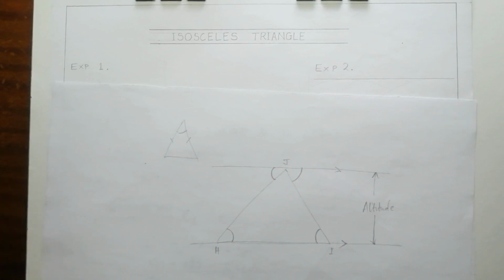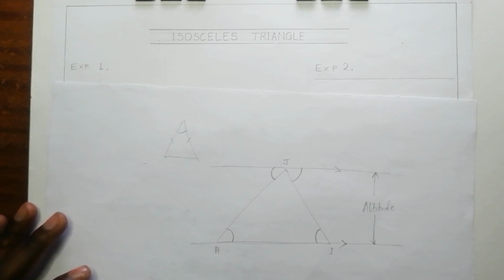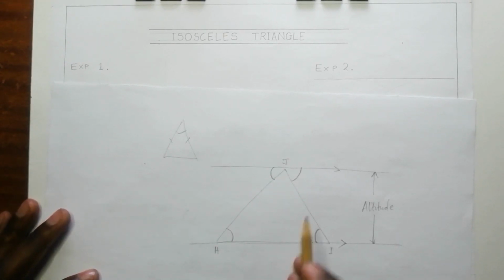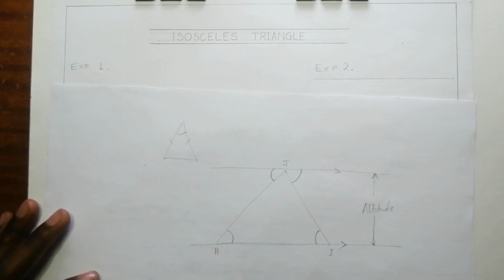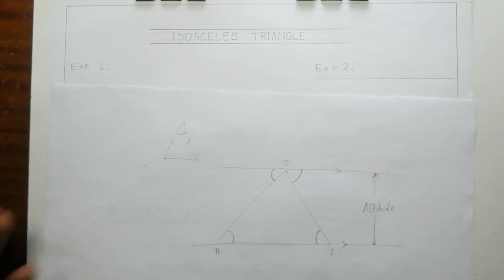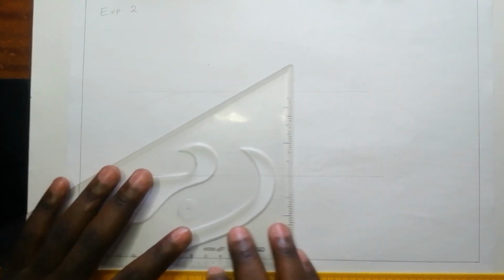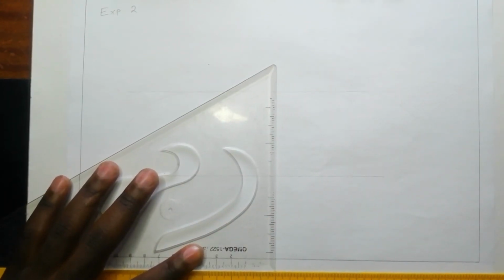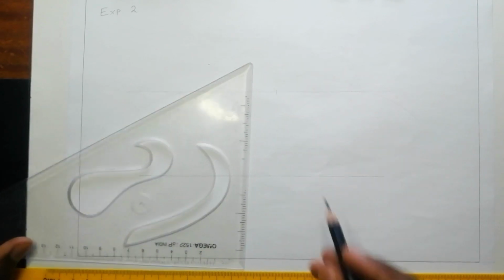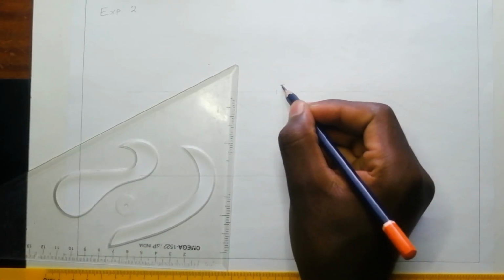Therefore, for us to have an isosceles triangle, we're just going to construct the base angles at point J. After drawing them, you'll see that we'll have a triangle. Let's do that. Now, we need to select a particular point where J is going to be. Let's say we select a point here that is going to be our J.